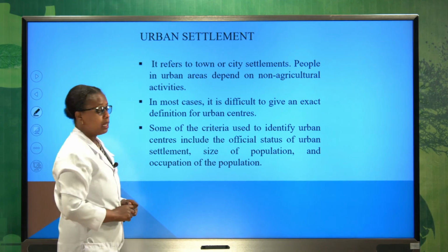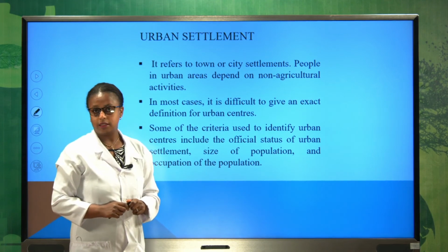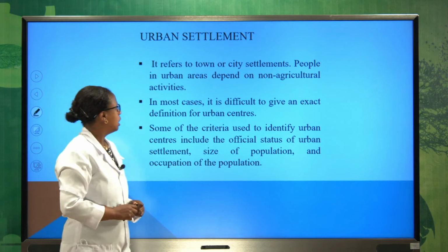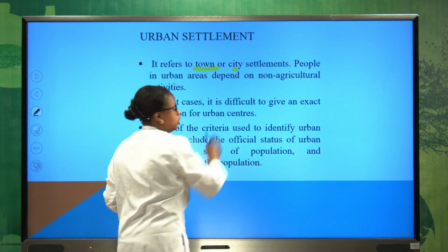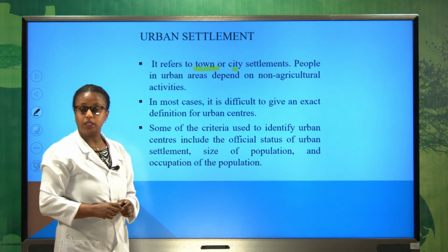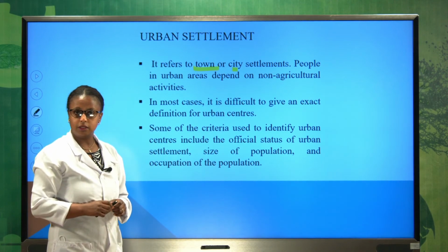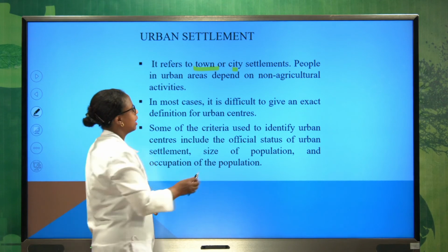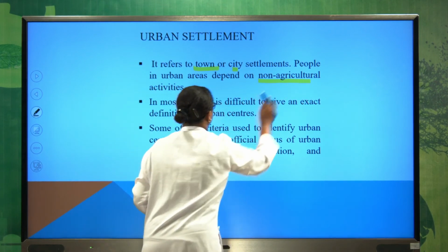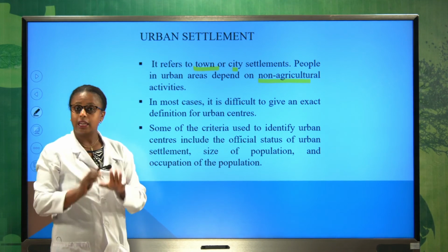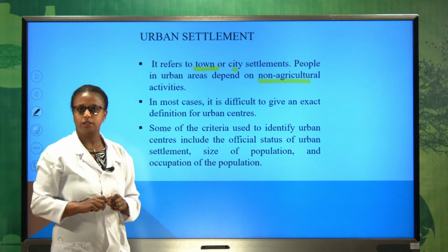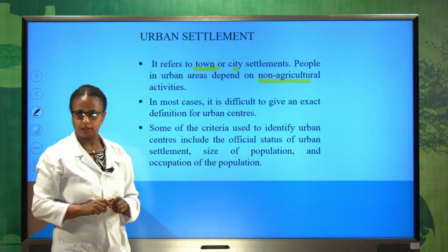Now let us see the other settlement pattern, that is urban settlement. It refers to a town or city. Most of the time, the people in urban settlements live on non-agricultural activities. In most cases, it is difficult to give the exact definition of an urban settlement or urban center.